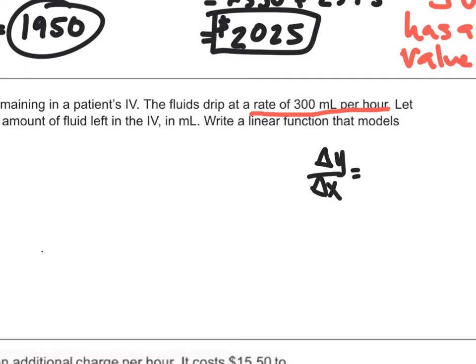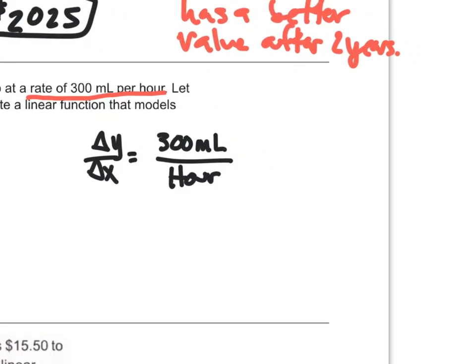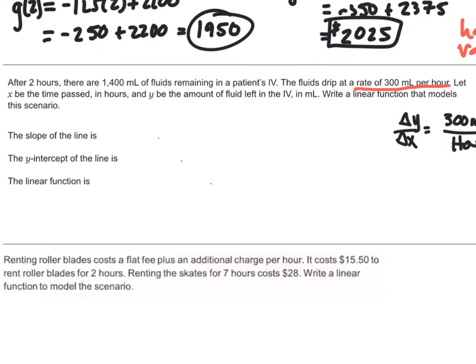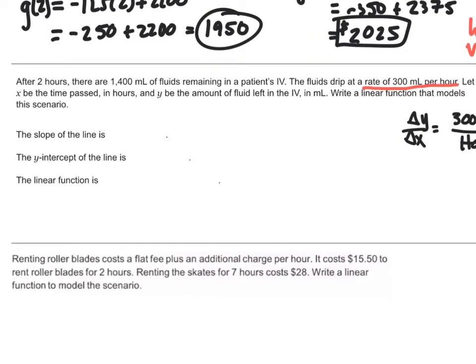And so when I think about this, I've got 300 milliliters per hour. So if I draw a graph here, I've got milliliters and I've got hours down here. Now, we want to know how much fluid is left in the IV.